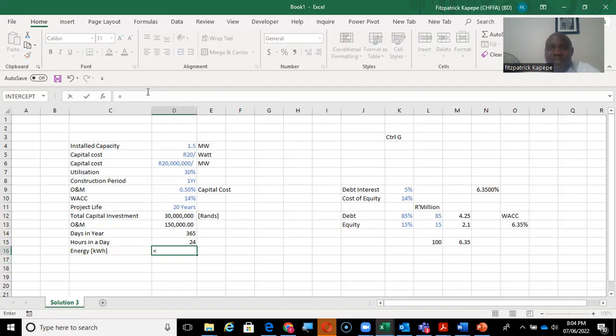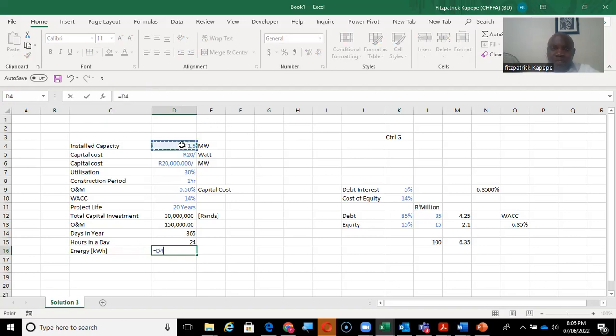So in here now, we have power. We're trying to convert it to energy. So megawatts, basically, it can be a day, it can be in a minute and whatever. But now we want to check how much energy would be generated from a 1.5 megawatt.